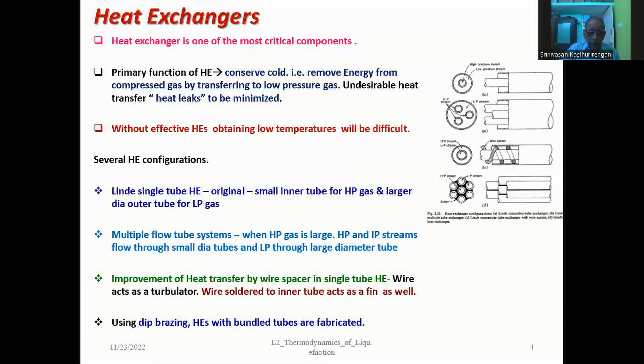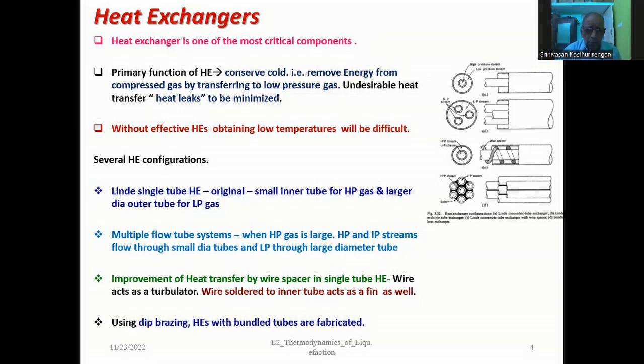Okay. Let's start with the heat exchangers. Now, the heat exchanger is one of the prime components of a liquefaction system. Its primary function is to conserve the cold that is produced, and also remove the energy from the compressed gas by transferring it to the low pressure gas.